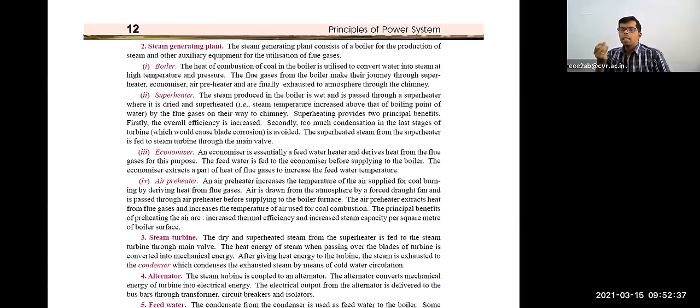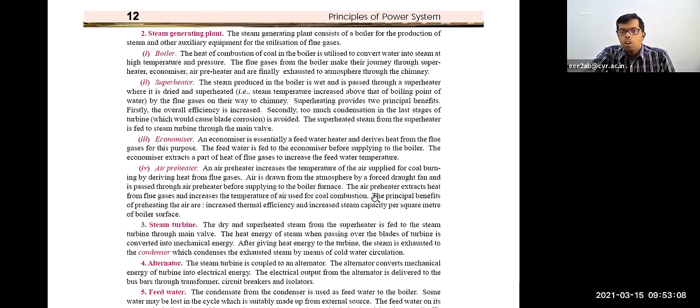Say, for example, it takes 5 or 10 minutes to get heated up. If we blow hot air, it catches fire very fast, say in 6 or 7 minutes. So we save about 4 minutes, and we can utilize some other heat for heating the boiler. Here the air preheater extracts heat from the flue gases and increases the temperature of the air used for coal combustion, which is very essential.